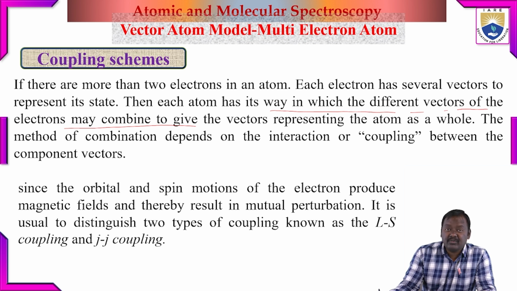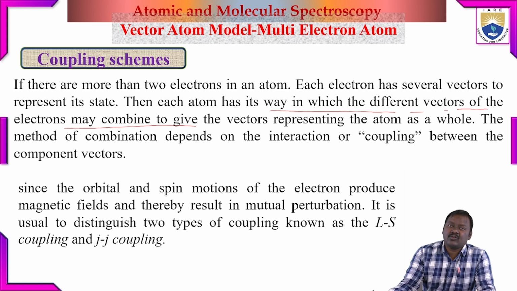When there are more than one electron, the complexity comes, and the total orbital angular momentum of the entire atom changes. If there is only one electron, there is no problem finding the total orbital angular momentum, because only one electron is orbiting in the single orbit.